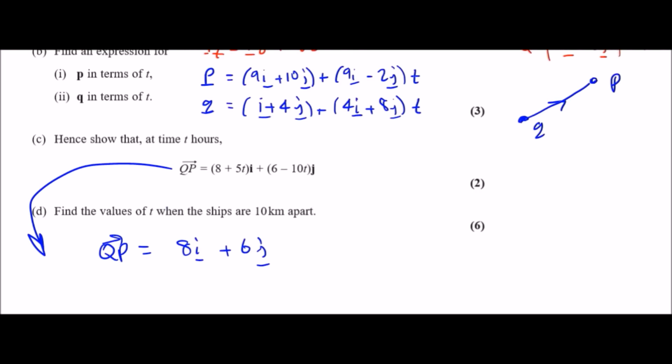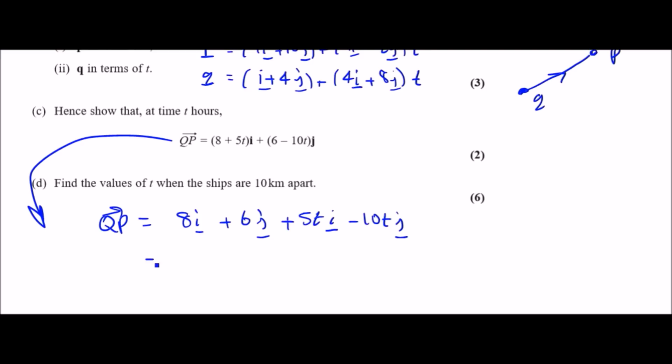Now in terms of t, 9ti take away 4ti will give us 5ti. And then minus 2 take away 8 will give us minus 10tj. Now to make it in this format, you can see that they just factorize in terms of i's and j's. In terms of i's, you've got 8i and 5ti, so combining these two, you get (8 plus 5t)i.